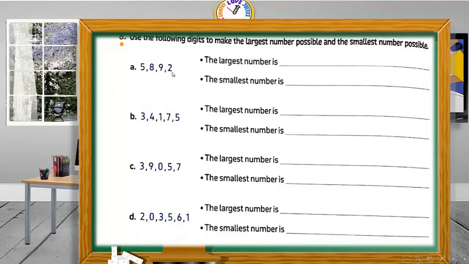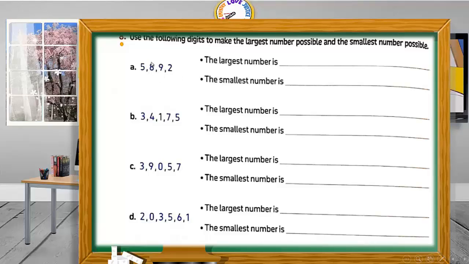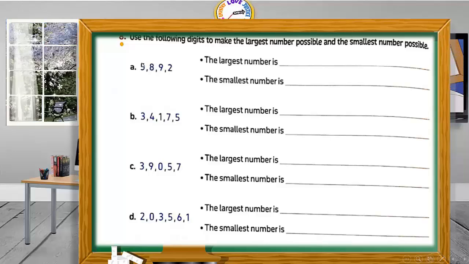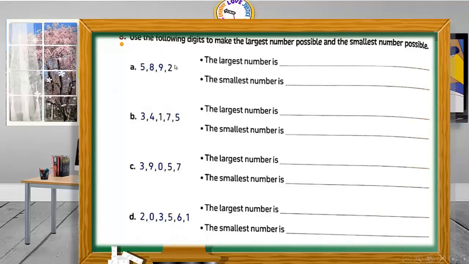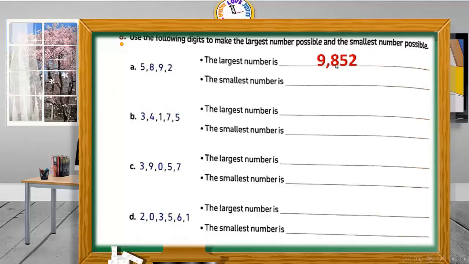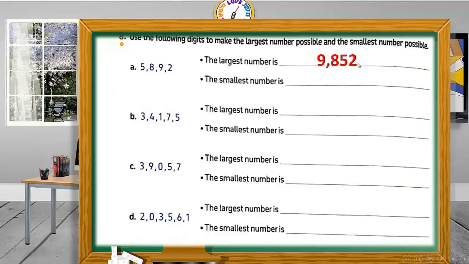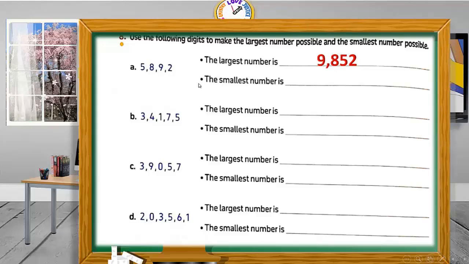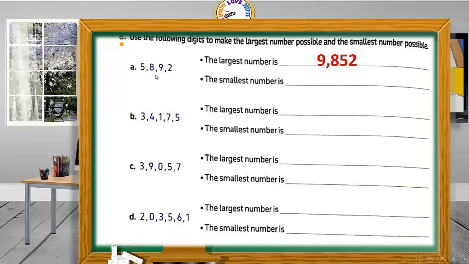Where is the biggest digit here? 9. After 9, 8. After 8, 5. Smallest digit is 2. So your largest number will be 9,852.